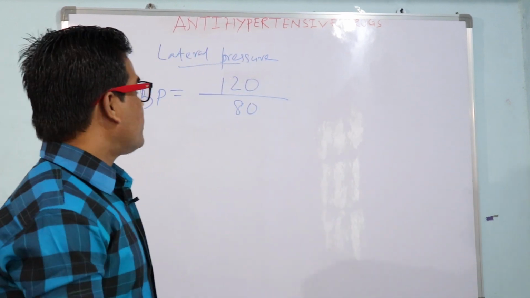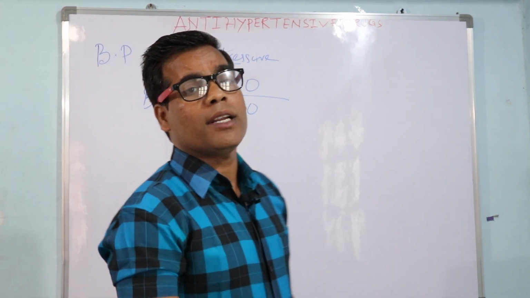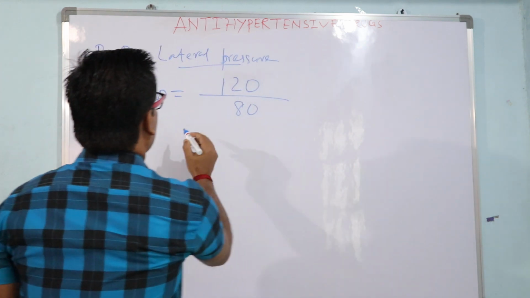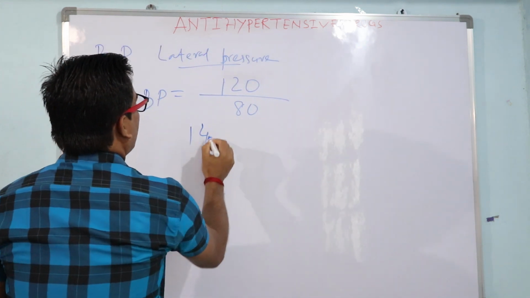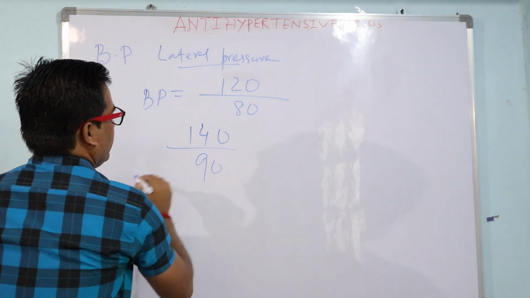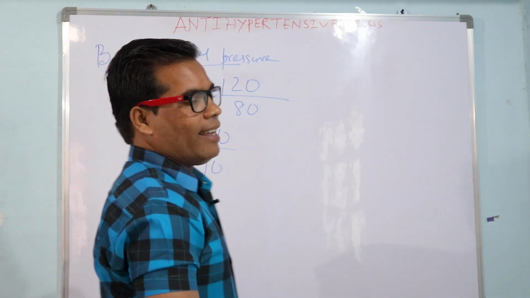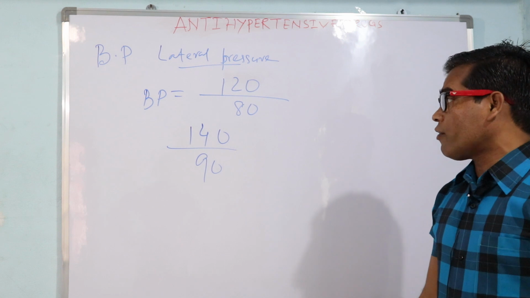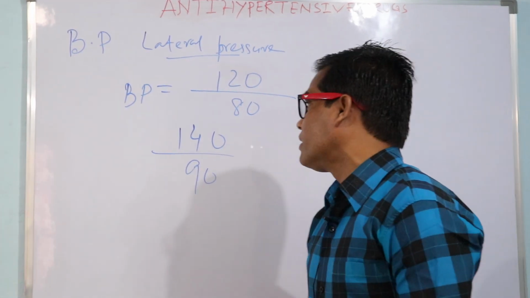At what condition can we tell that the patient is suffering from hypertension? When the systolic pressure is 140 and the diastolic pressure is 90, we can tell that the patient is suffering from hypertension.